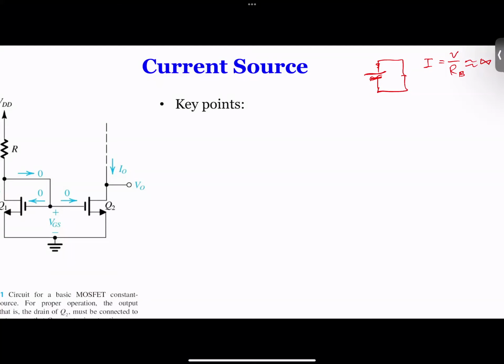Now, if you have a current source, what happens? Did you learn what you do with a current source? Can you have it open? Why?